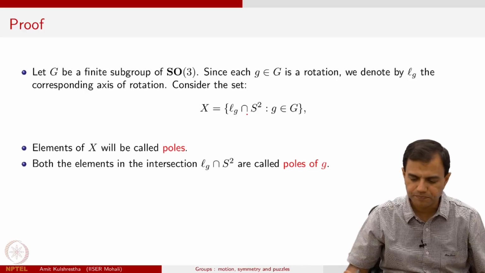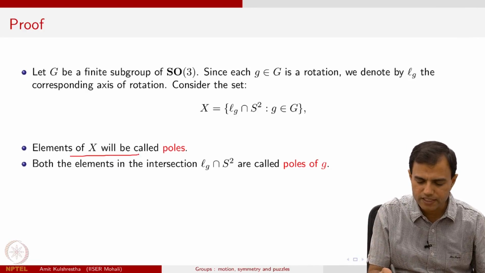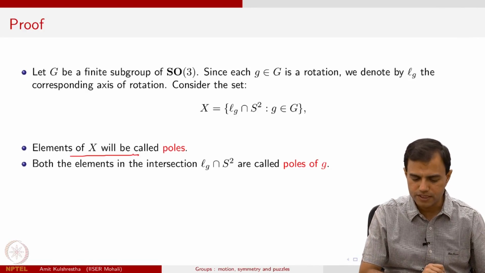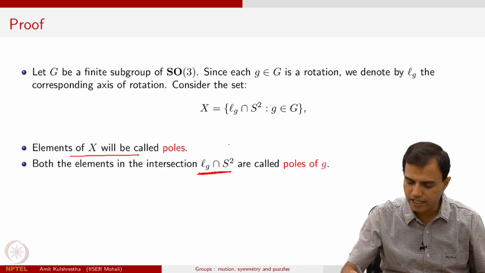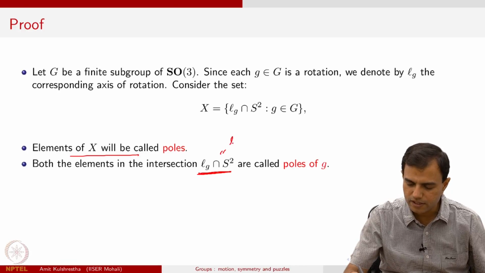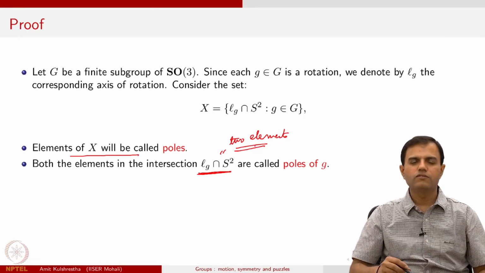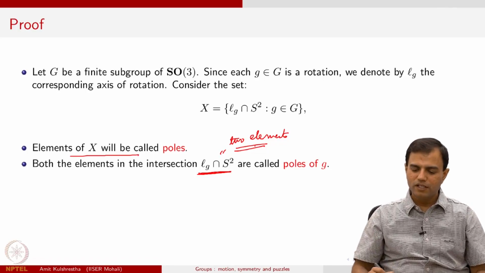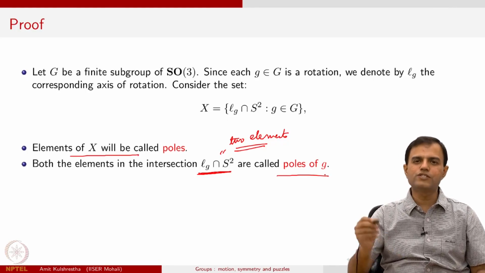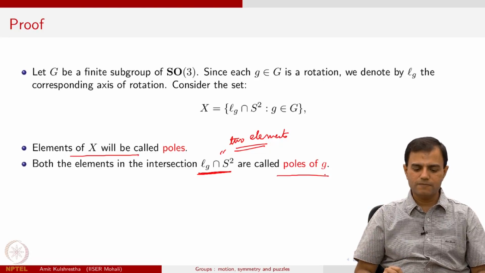So here's the definition: elements of X, you call them poles. And LG intersection S2, these are two elements. The two elements in this intersection, one we say north pole, the other south pole. So they are called poles of G, poles for that particular axis.